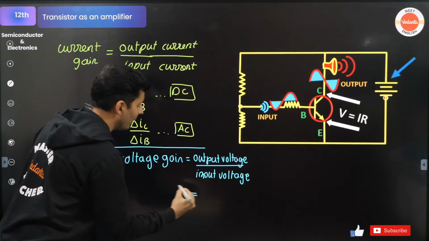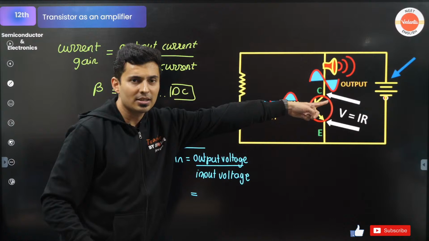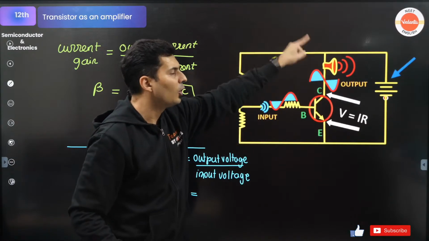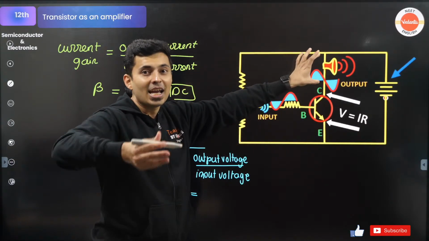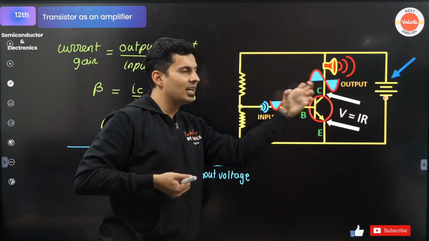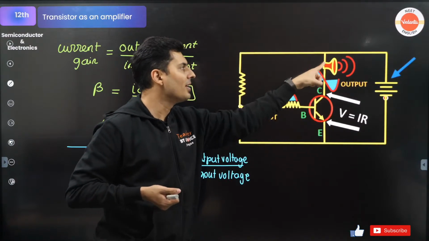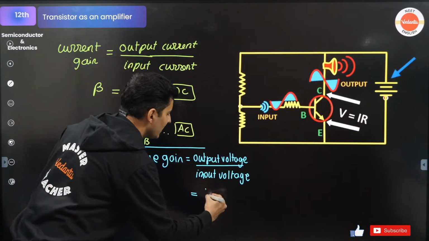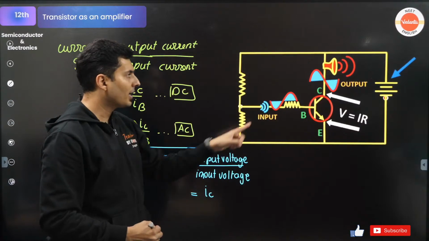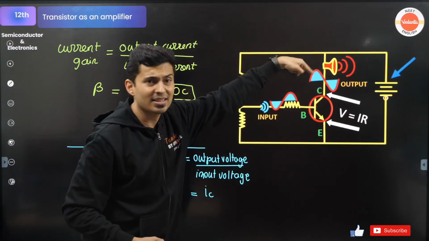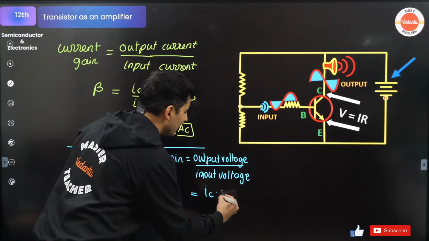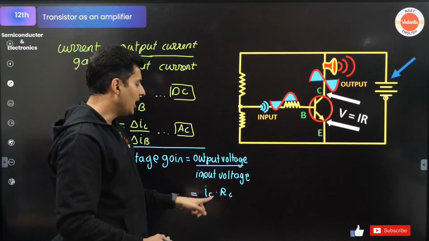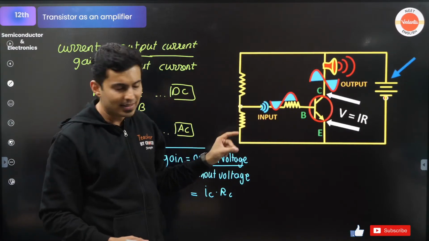Now can you think what the output voltage is? V is IR, Ohm's law. Voltage is current into resistance. Current over here is basically IC. Maybe there is some resistance over here, so into the resistance near the collector, IC into RC. Correct, guys?